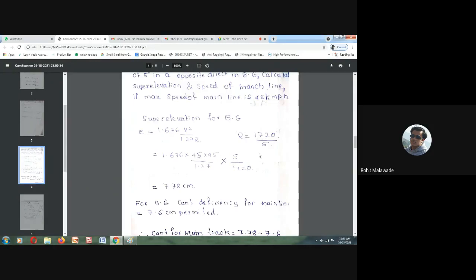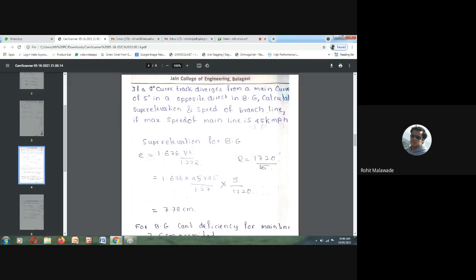Okay. Now here, what is the formula? If I want to calculate R, the radius of curvature, I will be using the formula D is equal to 1720 divided by R. Here the degree is given. The main line degree is 5 degrees. In order to calculate the super elevation, I need to find R first.